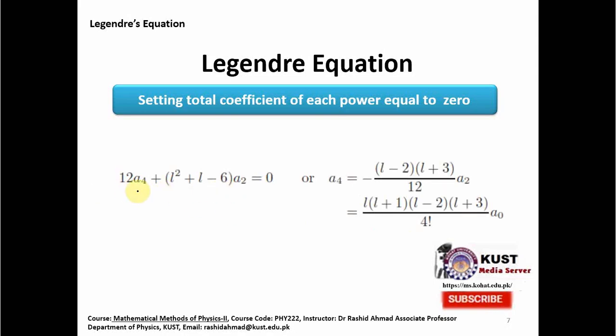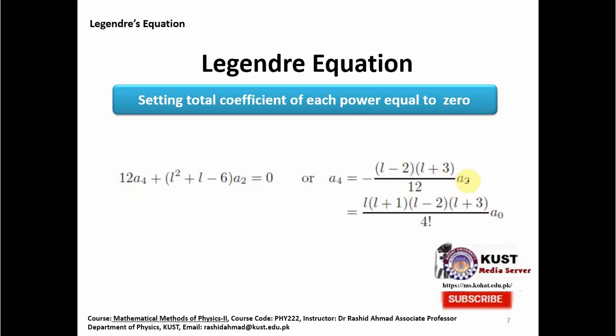And similarly, if we put all other coefficients similarly like this, for example the third one, that will be 12a4 plus L square into L minus 6 into a2 is equal to 0, or a4 will be then minus, again we have seen that factorized L square plus L minus 6 over here into this form. So L minus 2 into L plus 3 divided by 12, and a2.